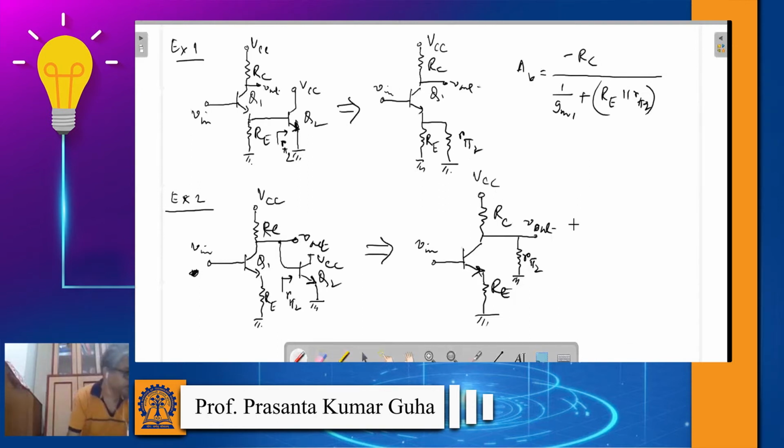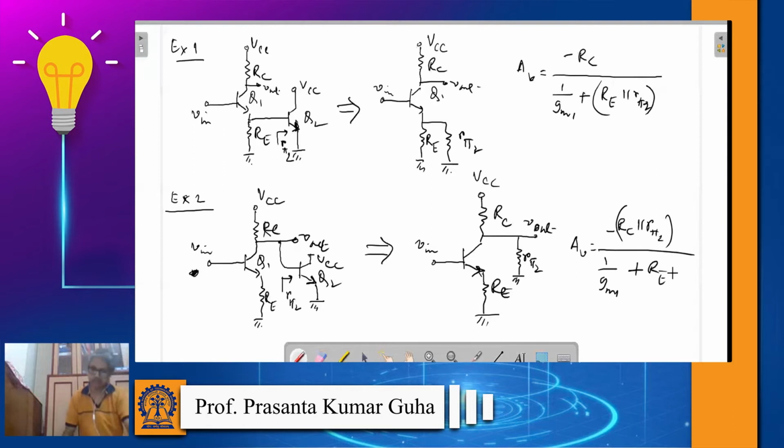So again you can very easily find out the gain of this circuit, which will be RC parallel R pi 2 at the numerator, and denominator will be 1 by Gm1 plus Re, okay.